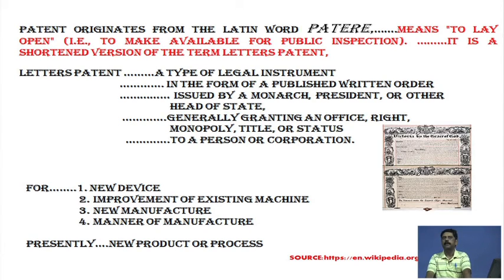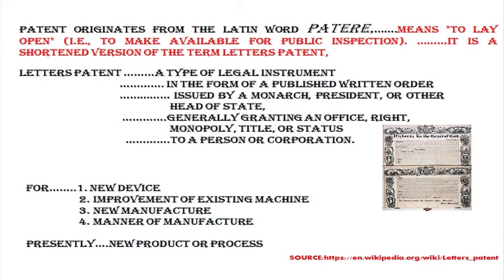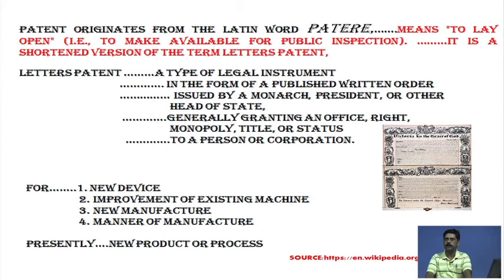Now, what were the features associated with letters patent? A letter patent is a type of legal instrument. What do you mean by a legal instrument? Just like a note, it is a legal tool, a document or a certificate. It is a published written order issued by a monarch, president or other head of state, granting some rights to a person or corporation.